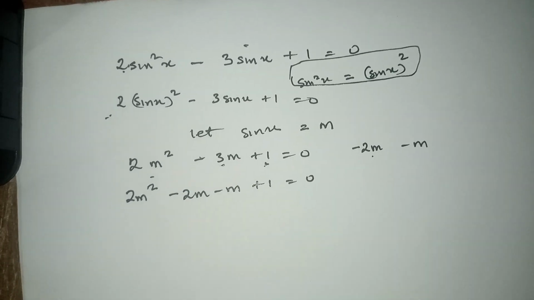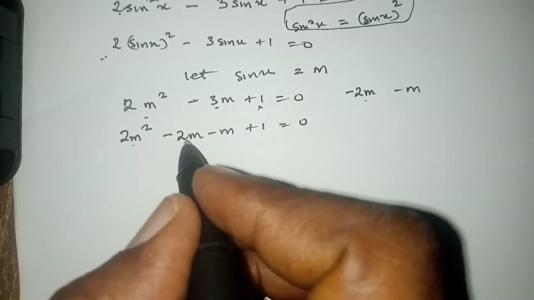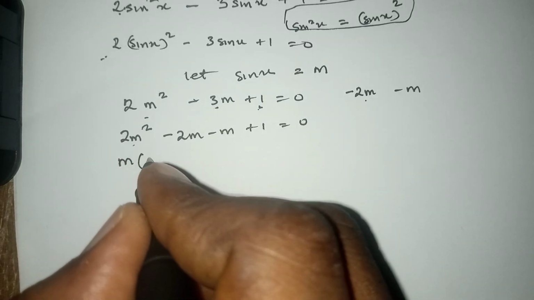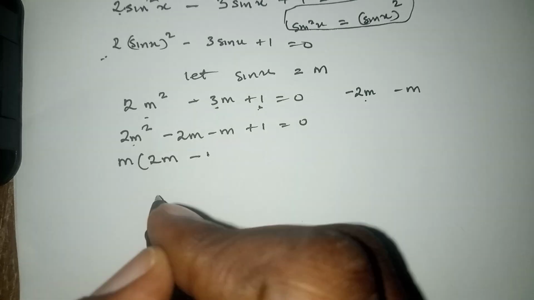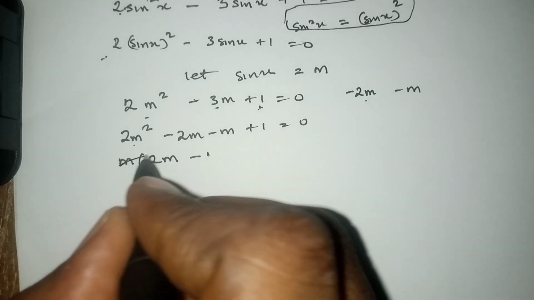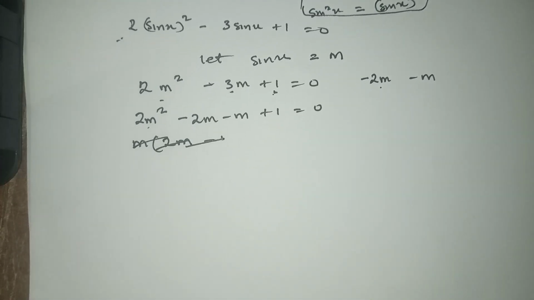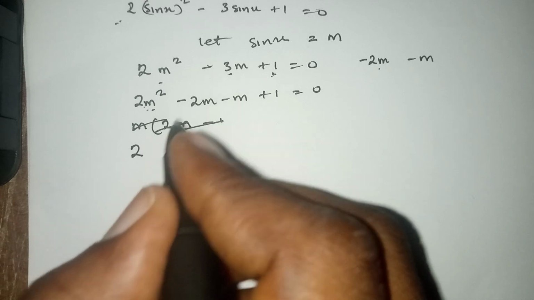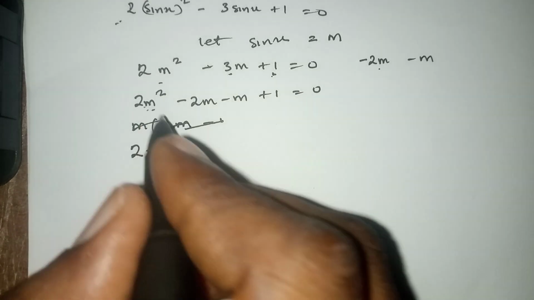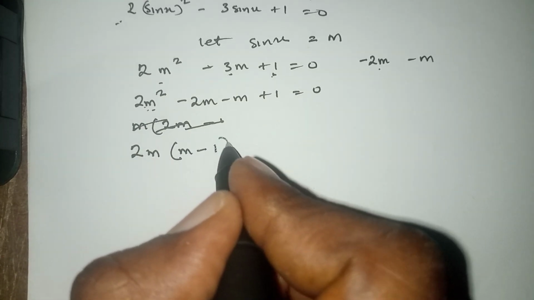So we factorize it. Sorry, there's a mistake here. The common factor here is actually 2m from the first two terms, so what do we have left? M minus 1.